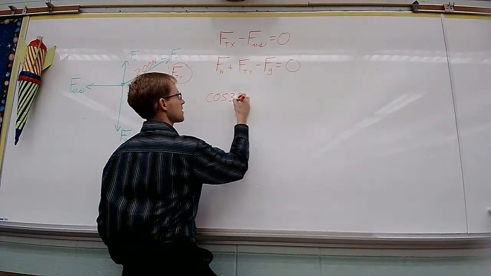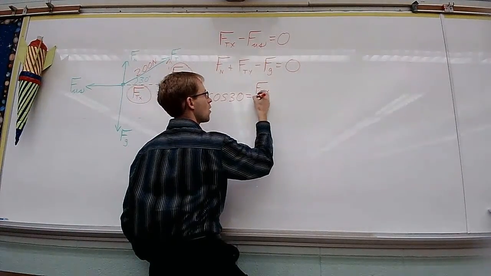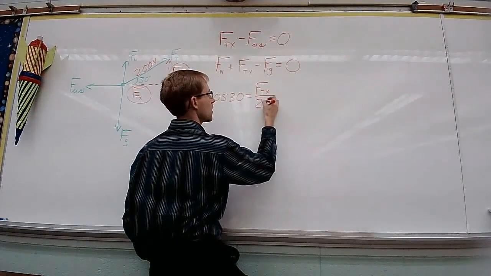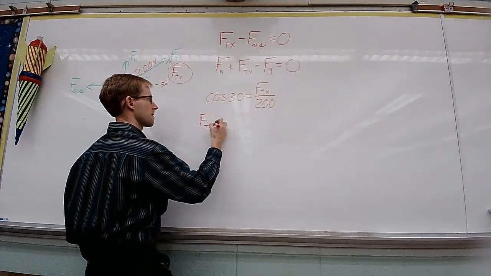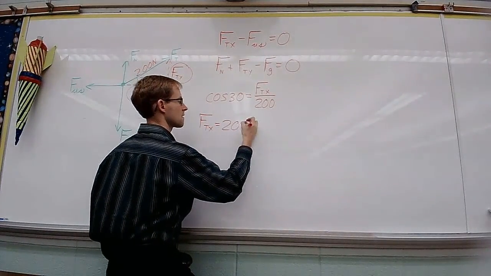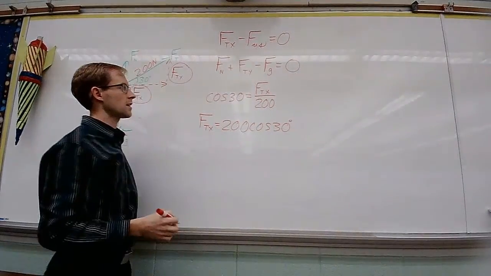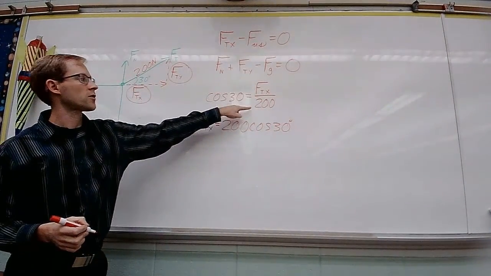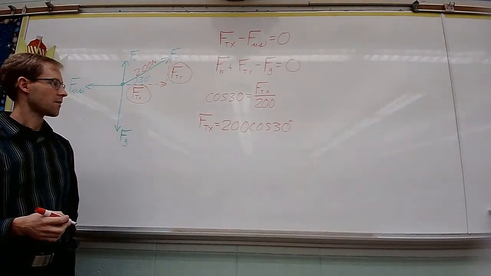So cosine of 30 is equal to adjacent, which is FTX, over hypotenuse, which is 200. So to get the tension force by itself, we multiply both sides by 200, and you can get your answer that way.